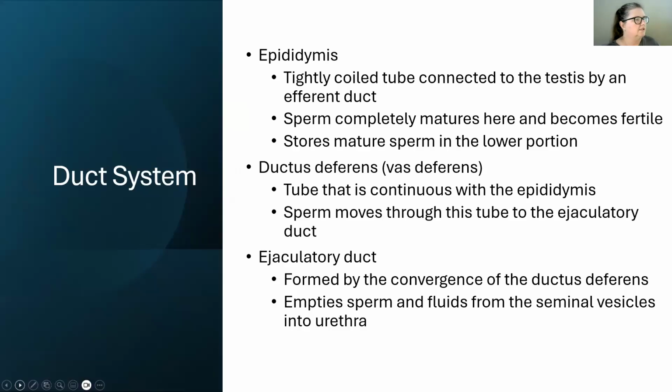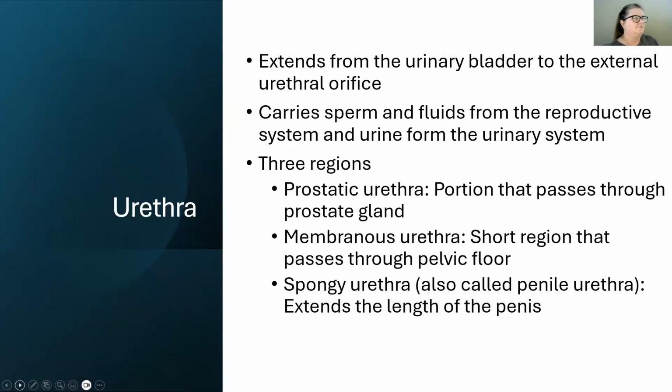All right. Okay. So once the sperm leaves the area, it will enter into the urethra. Now, if you have already watched the urinary video, you know that the urethra actually does double duty. The urethra is part of the urinary system. It is also part of the male reproductive system.